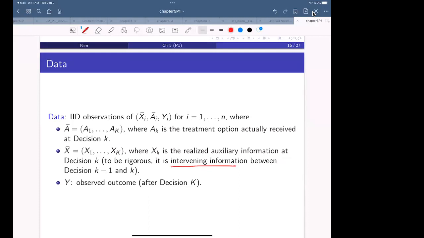And then this is the final one that you want to optimize, the observed outcome after decision k. So that is the data.